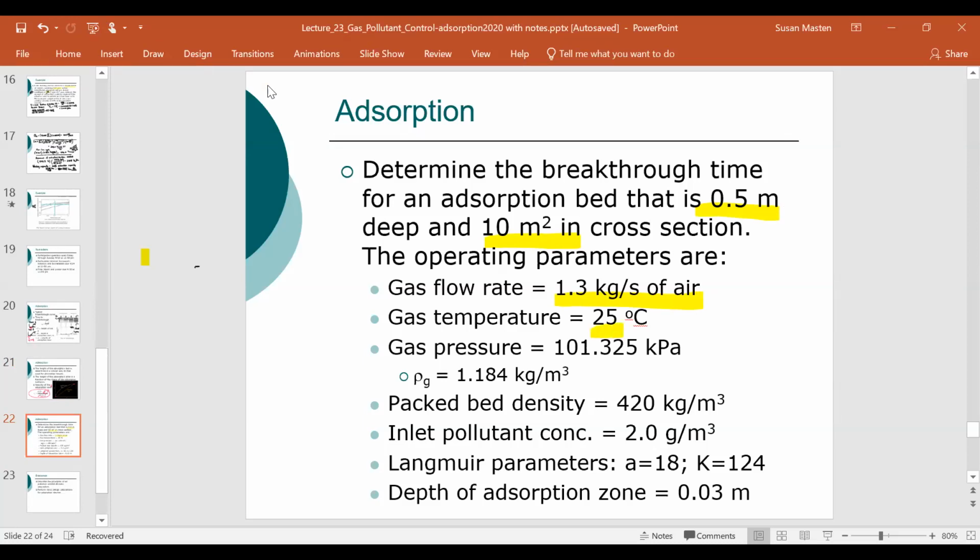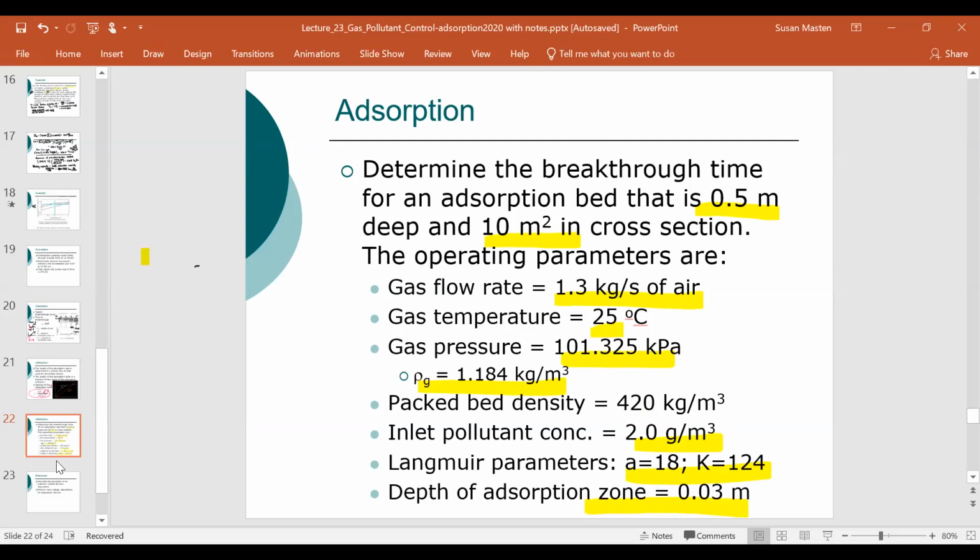We have a gas temperature and pressure, so we've got the density of the air. We've got the packed bed density of our adsorbent. We have an inlet pollutant concentration. We have our Langmuir isotherm parameters, and we have the depth of the adsorption zone, and that would be determined empirically or provided by the manufacturer for a specific contaminant.